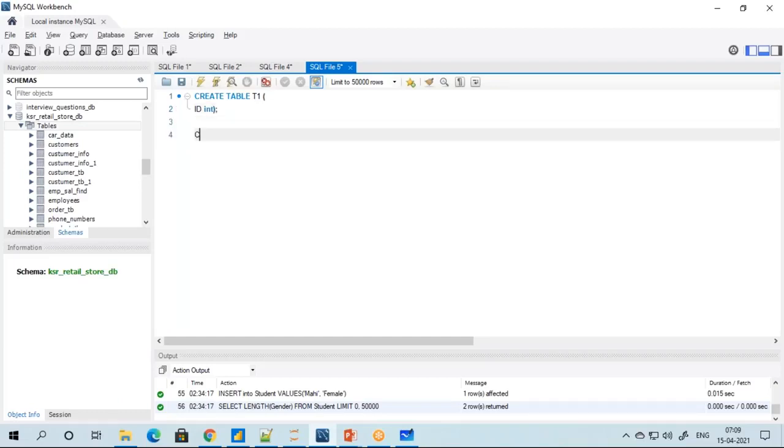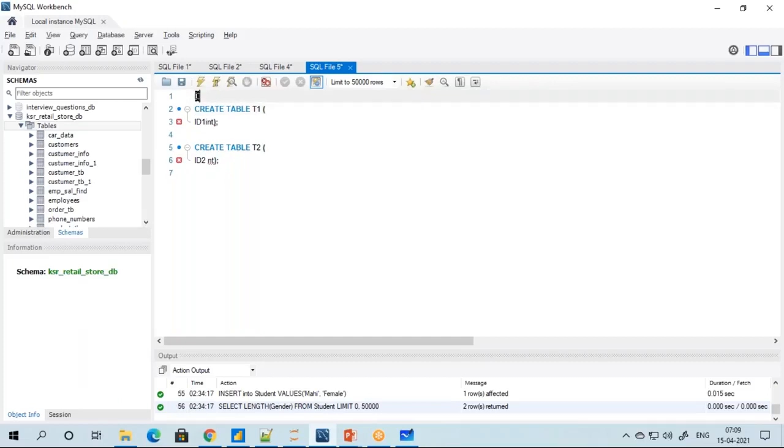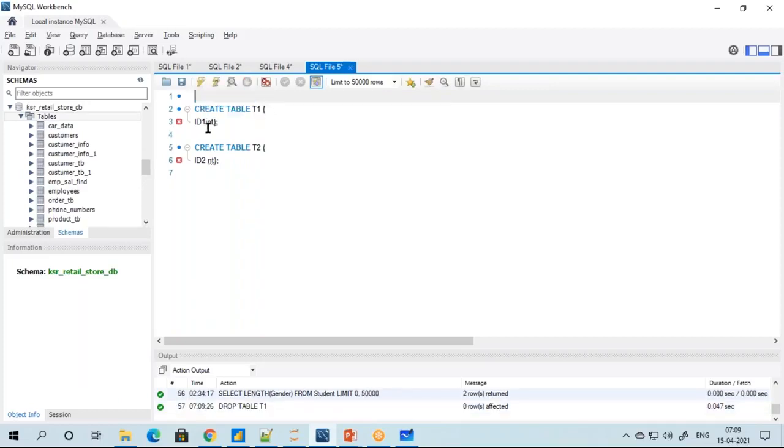Same thing I'll do for T2 as well, with ID2. What is the error? Space issue.